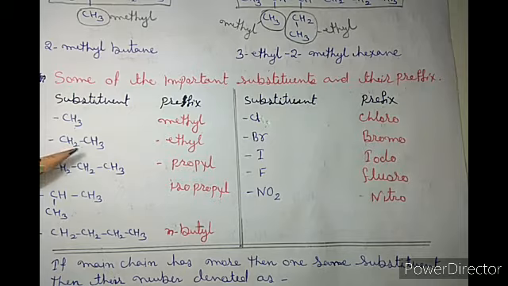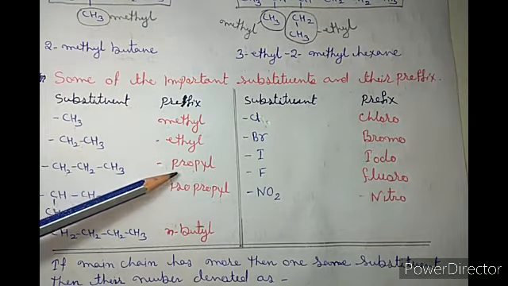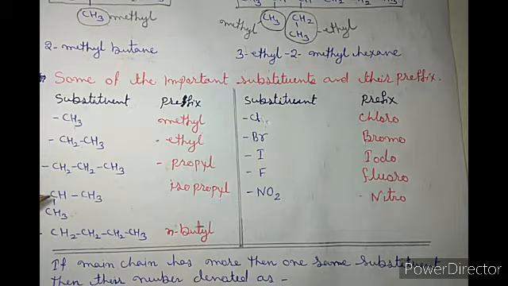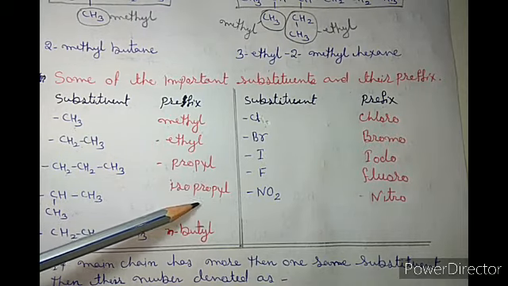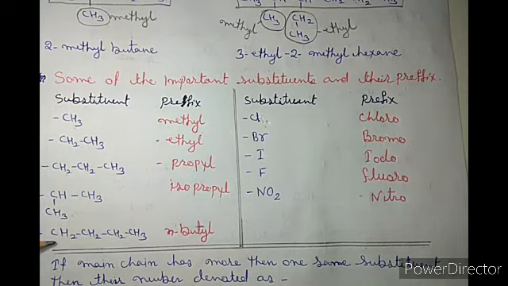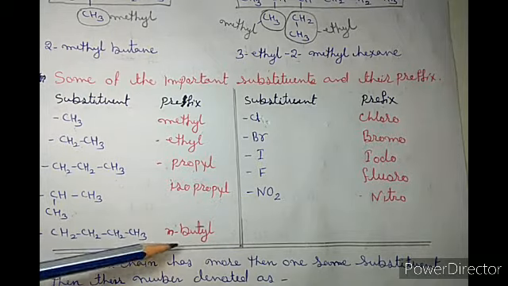If CH2CH3, then ethyl. If CH2CH2CH3, then it is propyl. And if the middle of the propyl is attached, then it is called isopropyl. Similarly, if 4 carbons are like this, then it is called n-butyl.